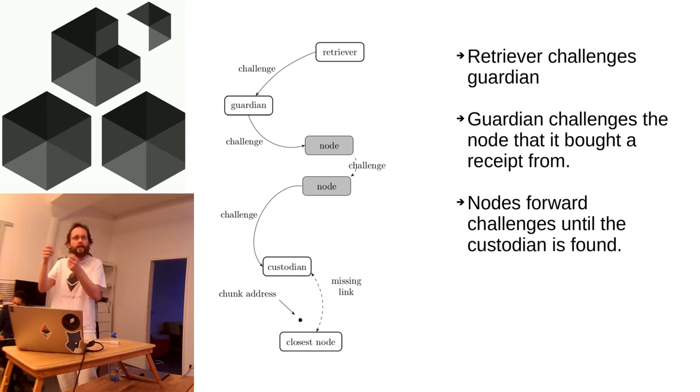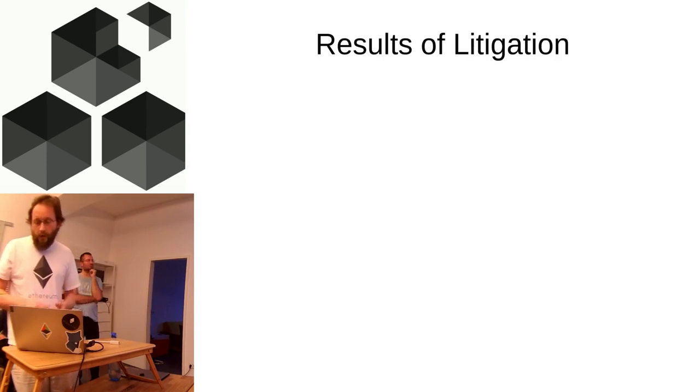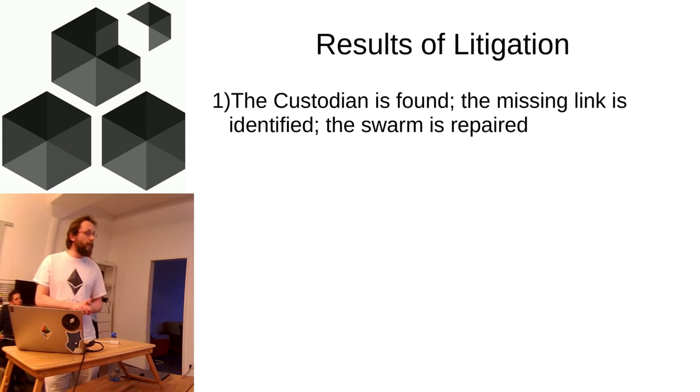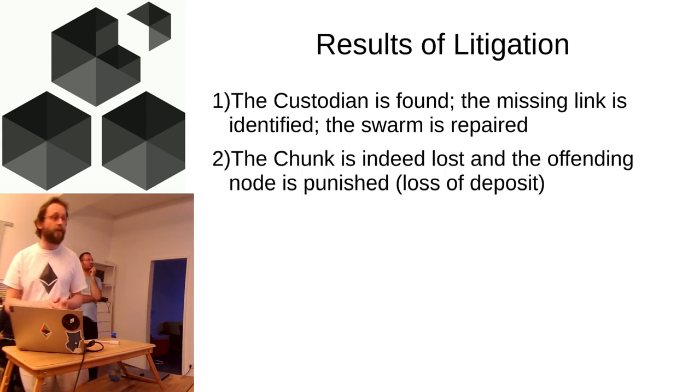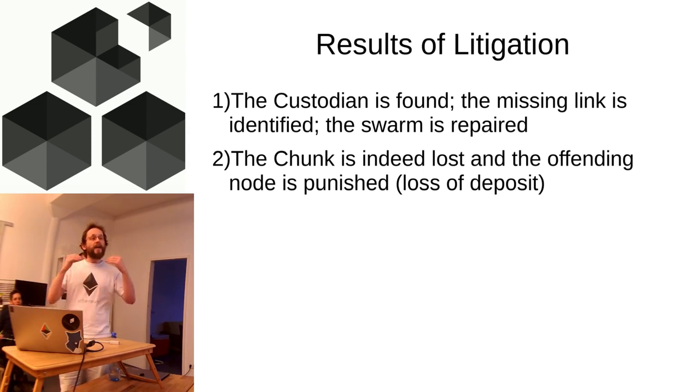So these challenges can help find files that have somehow been misplaced. But that's the good outcome. You find the chunk. If the chunk is lost, then the offending node is punished. Or rather, that is the stage at which you start invoking the blockchain.